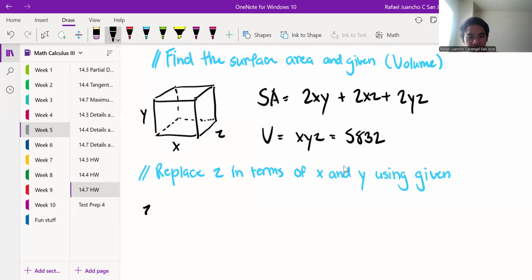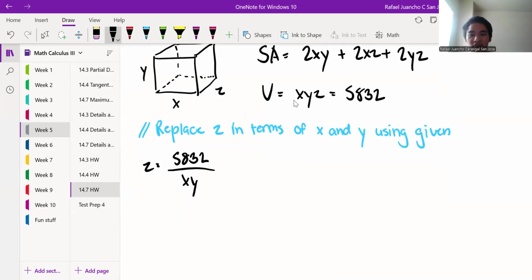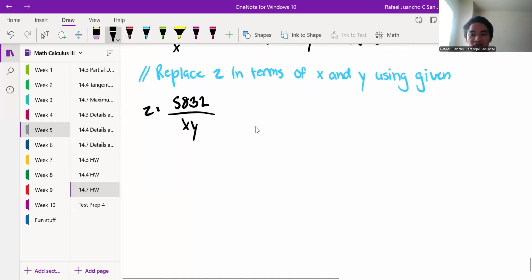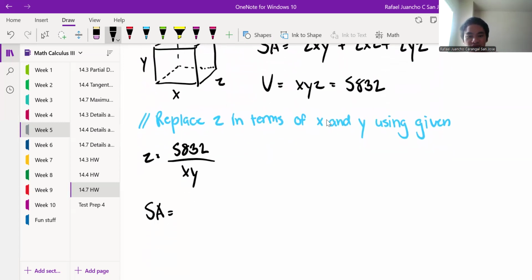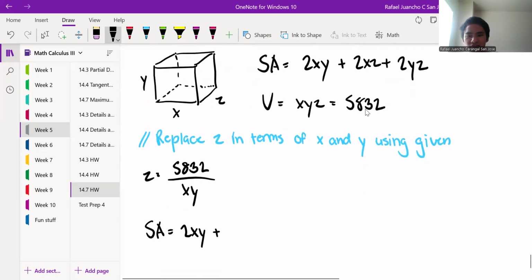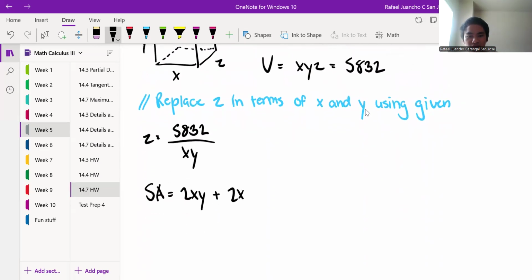So our Z here in this case is just 5832 divided by XY because we divide the product XY to both left and right hand sides of our given equation. And then from there, we just replace that in our surface area. So our surface area is now 2XY plus 2XZ. So 2X times 5832 over XY.